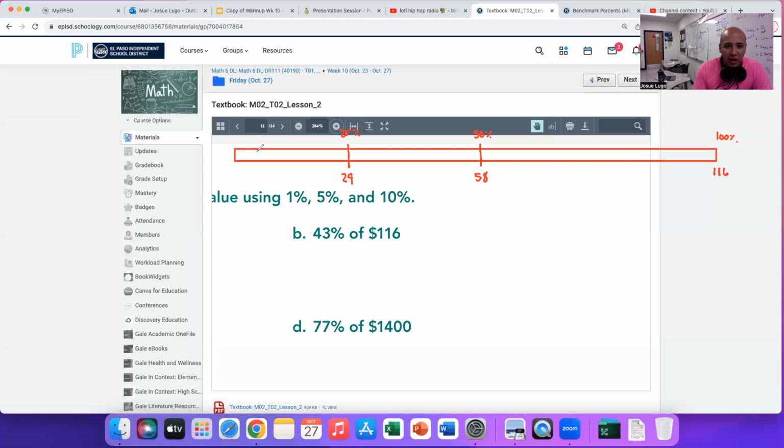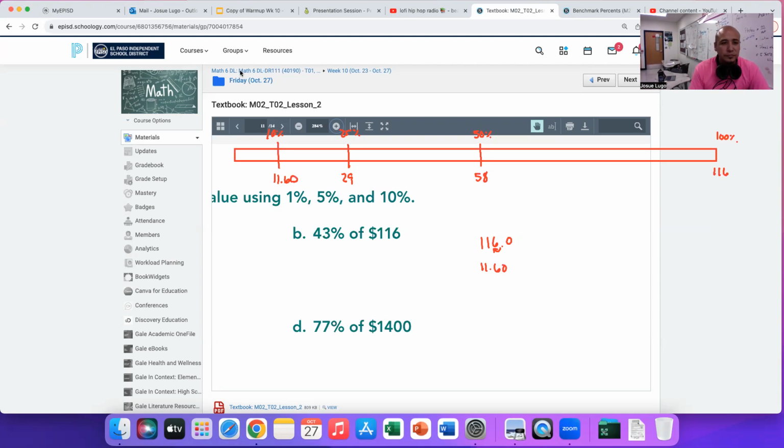All right, so now the 10%. Again, we take 116, move the decimal over 1 time, so 10% is going to be 11.6. All I did is take 116, which is the same thing as 116.0, and move the decimal over 1 time. So it's $11.60, since we are working with money.